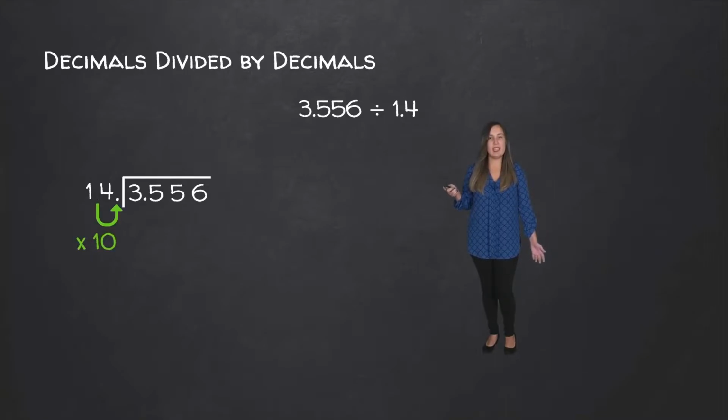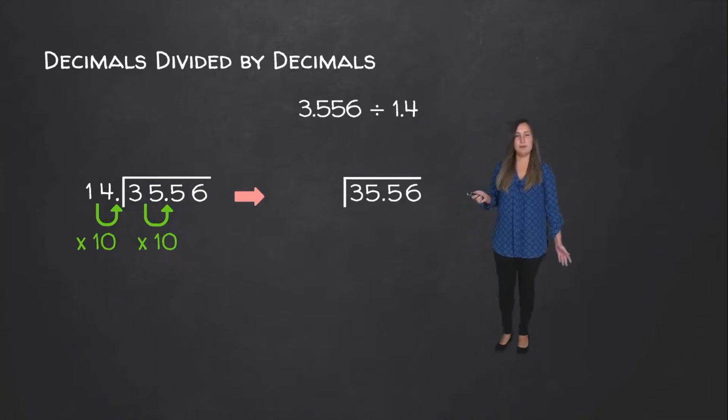In this case, we would multiply it by 10. And then whatever we do to our divisor, we also have to do to our dividend. So we also have to multiply that by a power of 10. It's okay that our dividend is still a decimal, so we'll just divide it from there.